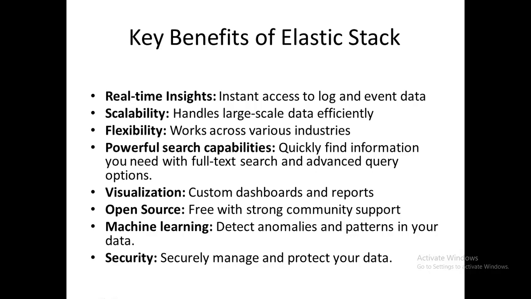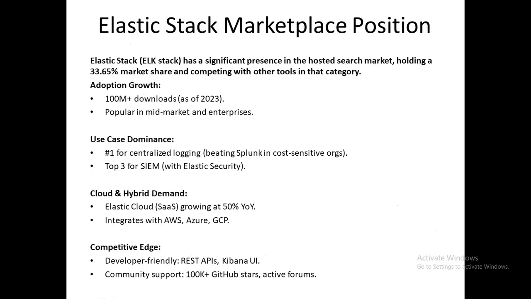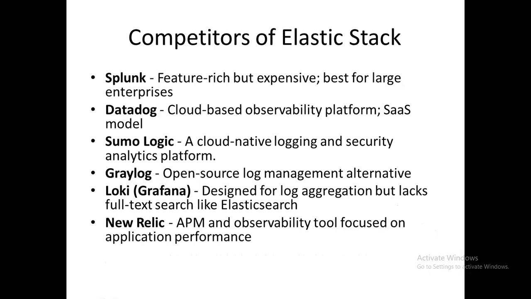So that's the benefits of your Elastic Stack. Okay. Then the competitors of Elastic Stack. Okay. So here is Splunk, feature-rich but expensive, best for large enterprises. Then Datadog. It's a cloud-based observability platform with a SaaS model.